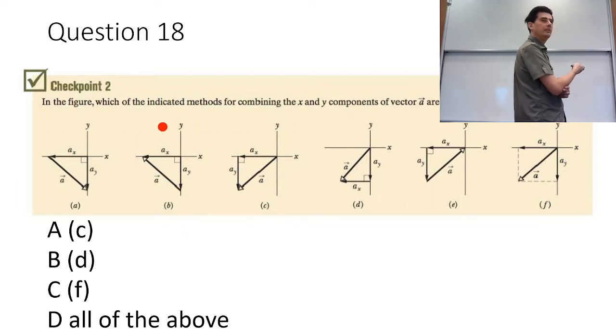Does that look right? Yeah, the Y one looks wrong, right? So AX, I think this one is okay, because you got the vector here, and this is the projection of the component that way. But this AY is pointing the wrong way again, right? So it's pointing the wrong direction again.